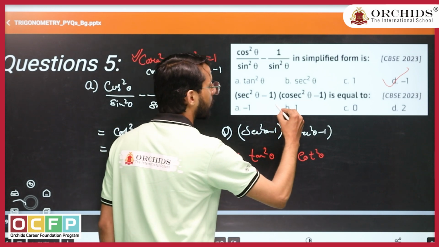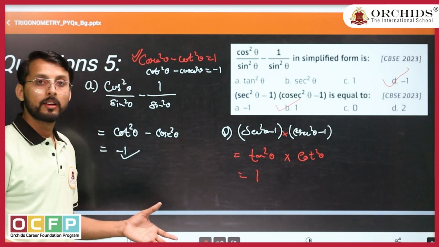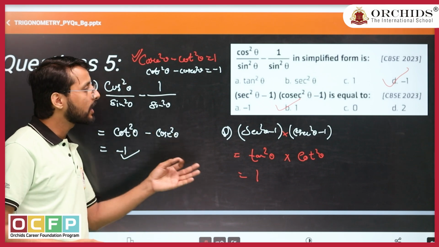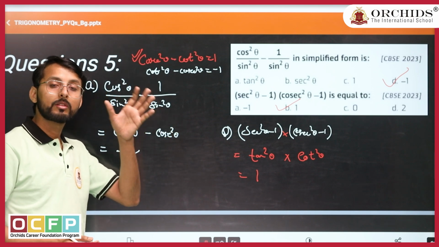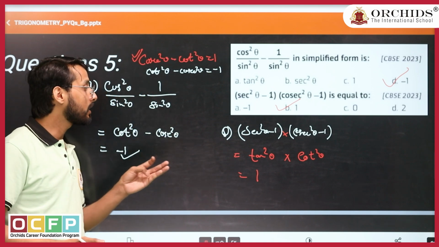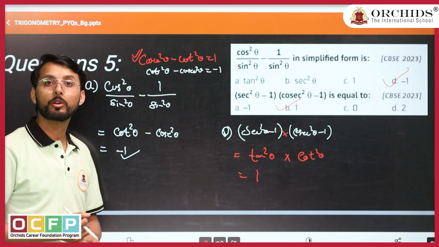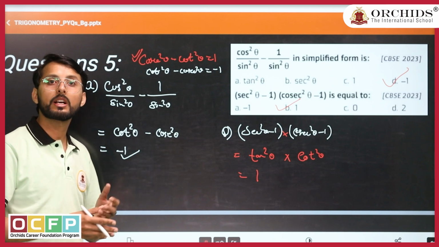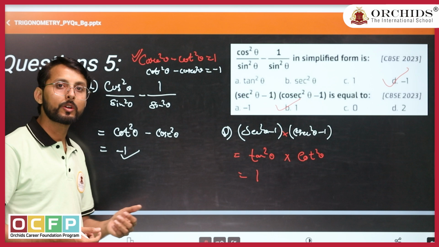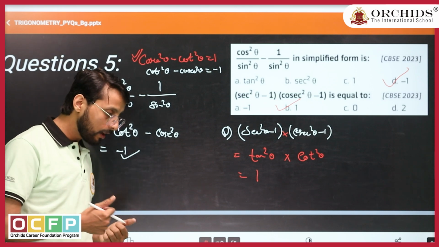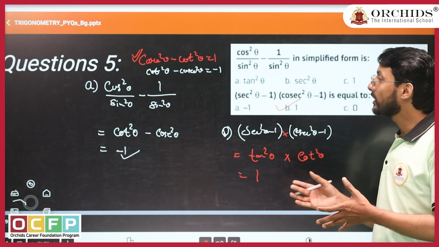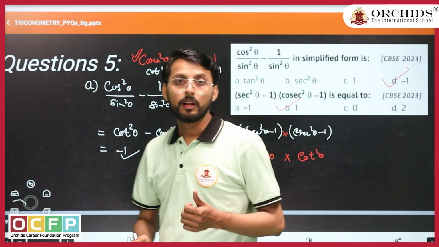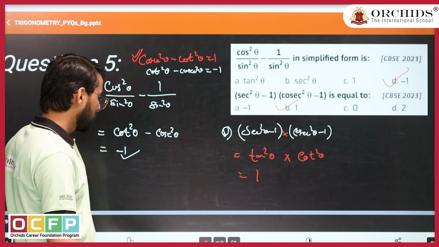Out of 4 options, option B. So within 30 seconds you can solve a board question if your conceptual things are very good. You know the trigonometrical angles, you know the trigonometrical identities and how they are related. What is their maximum value, what is their minimum value. So be thorough with the things so that you can attempt these questions very nicely within a short span of time. Okay, let's move to question number 6.